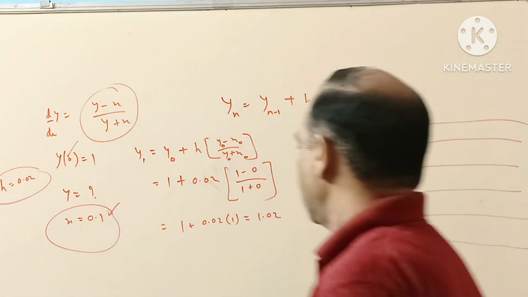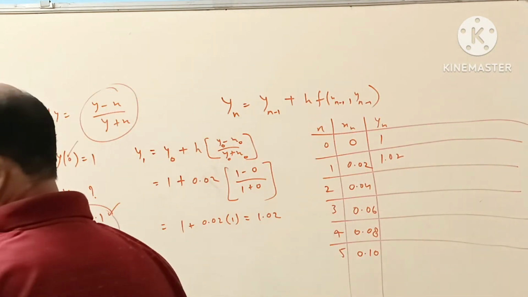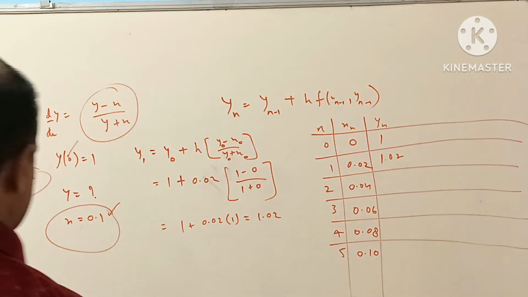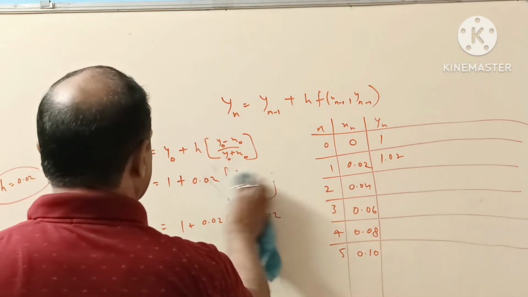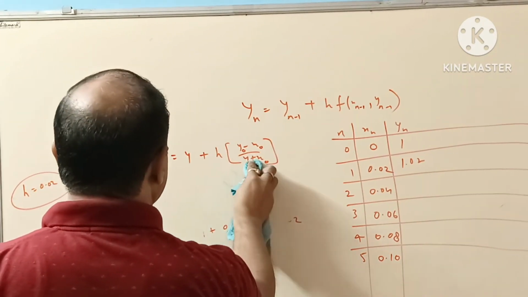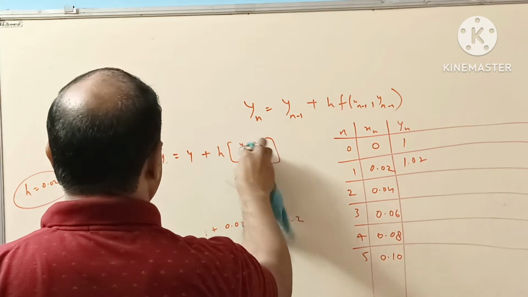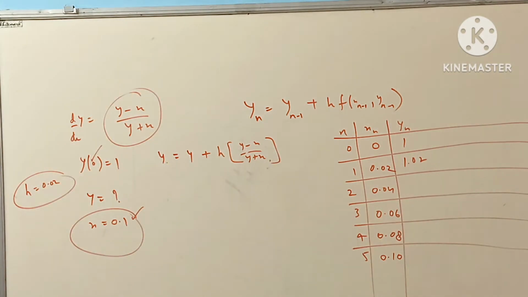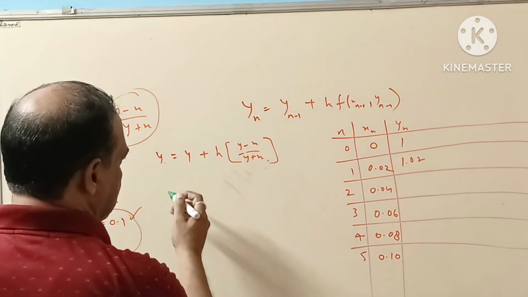Second step. Now, I have to go with the second term. For this, I have to first remove all these things, and the formula now will become like this. This is y2 I have to find out.